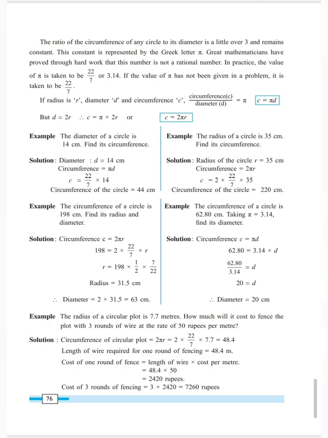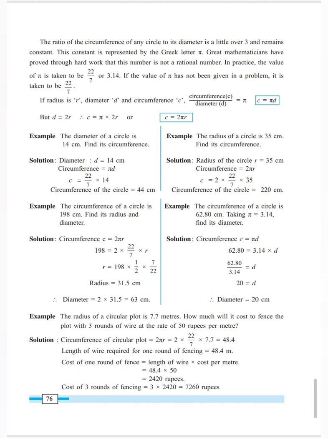62.80 divided by 3.14. Since 3.14 is in the place of numerator to the right side of the is equal to sign, when bringing it to the left side of the is equal to sign, it will come to the denominator.